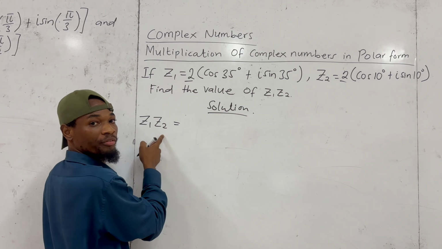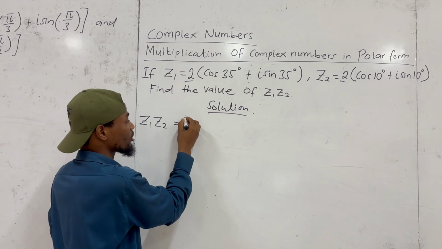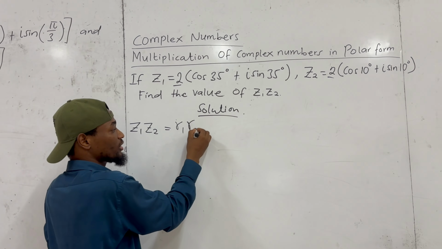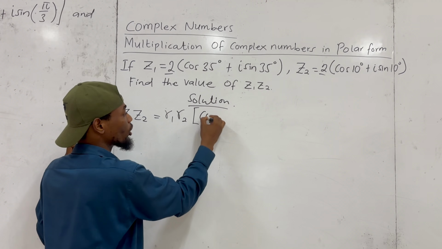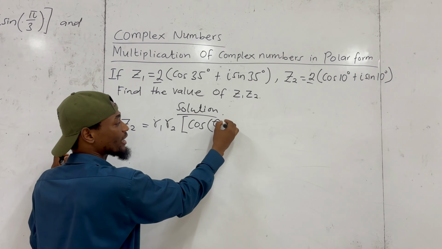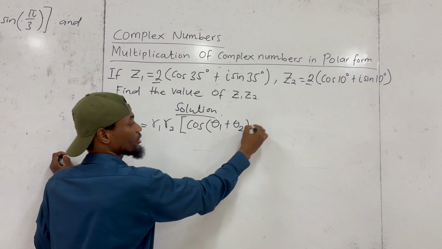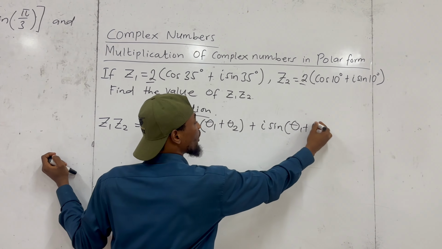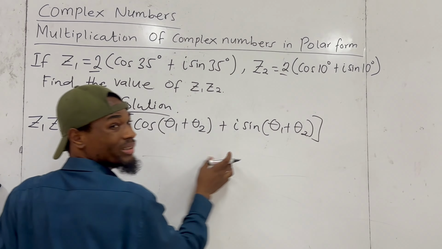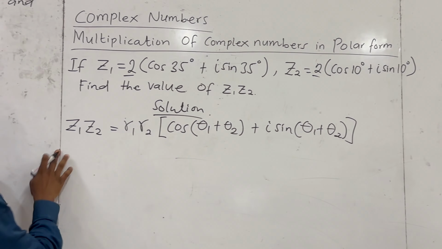The multiplication of the complex numbers is the same as multiplying their modulus, then cos into brackets, you add their arguments, then plus i sine, then also add their arguments. That's what we did in our previous lecture videos.